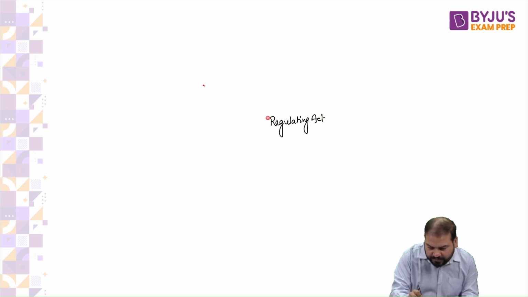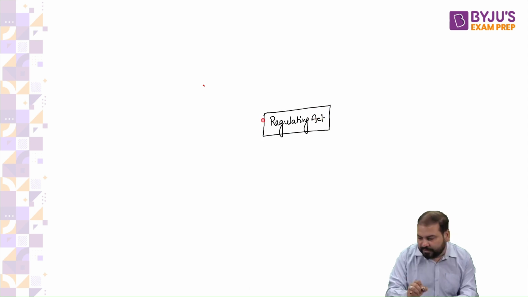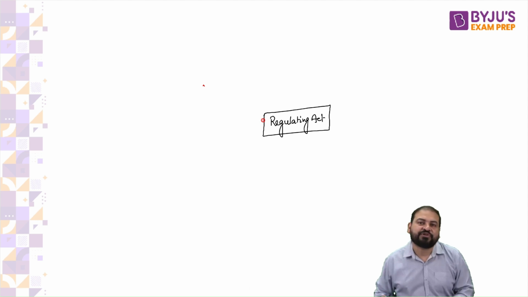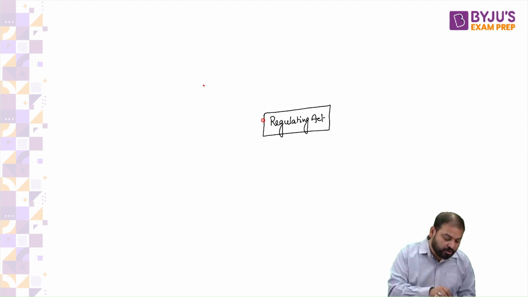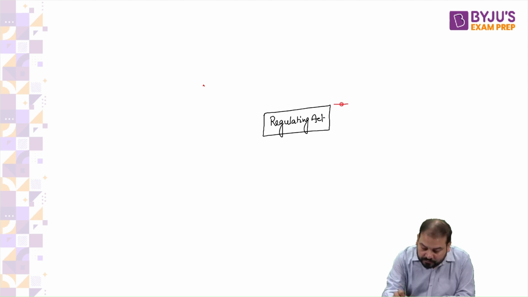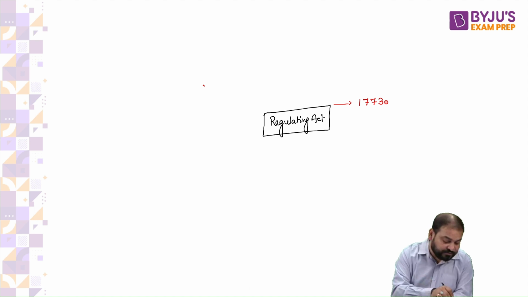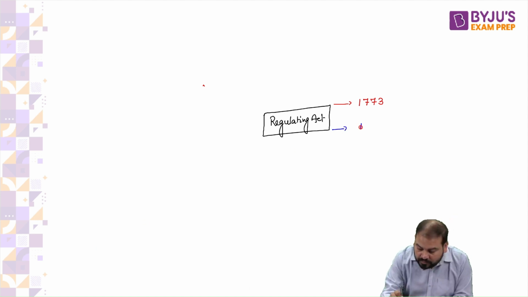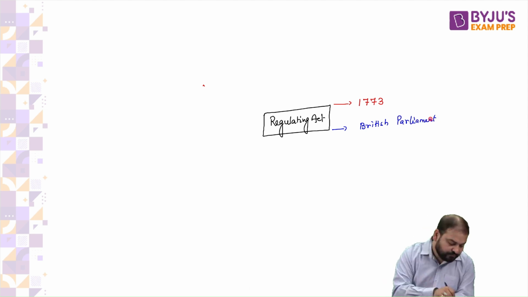See, UPSC can ask both prelims as well as mains question on this topic. Prelims question, they will give you 2-3 points and ask you which of these are correct with regards to this particular act. It came in 1773, passed by the British Parliament.